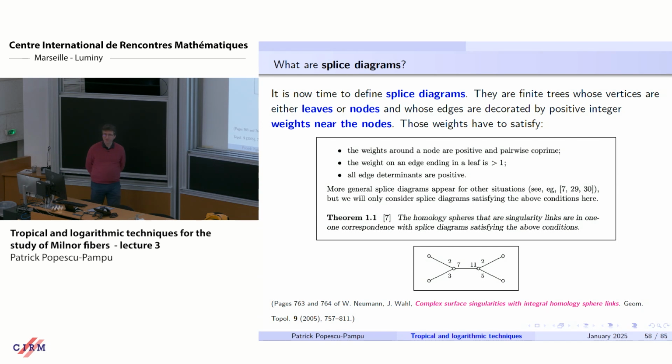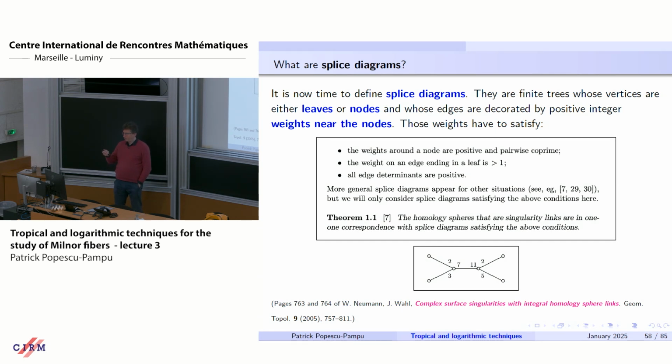And a splice diagram is a finite tree whose vertices are called either leaves, if they are of valency 1. Here you have 4 leaves, or nodes, the other ones. And here you have 2 nodes. And nodes have valency at least 3. We do not put nodes of valency 2. And the valency can be bigger than 3, and I will show you also an example of bigger valency.